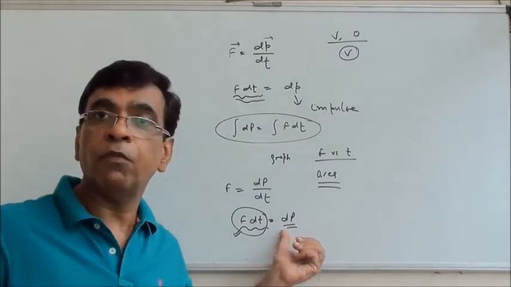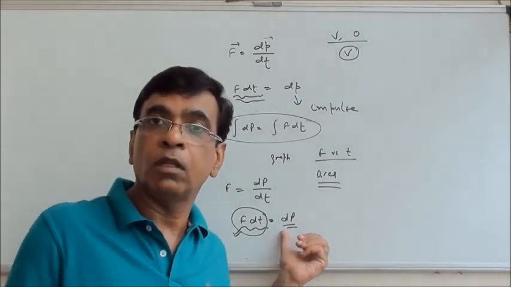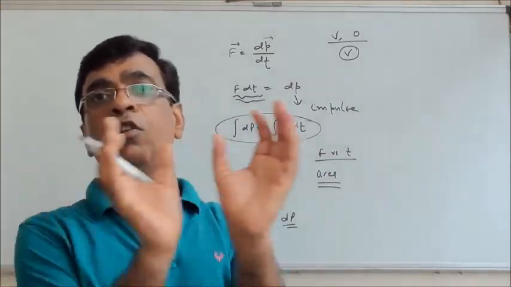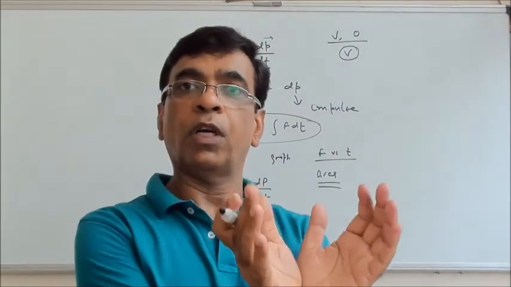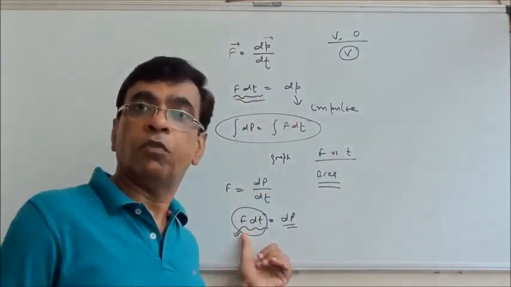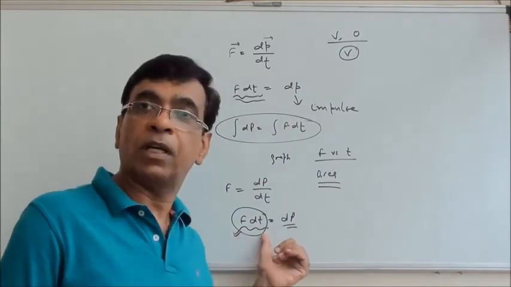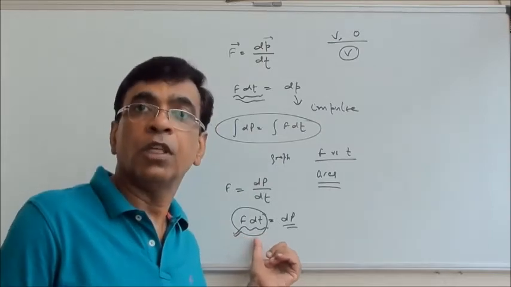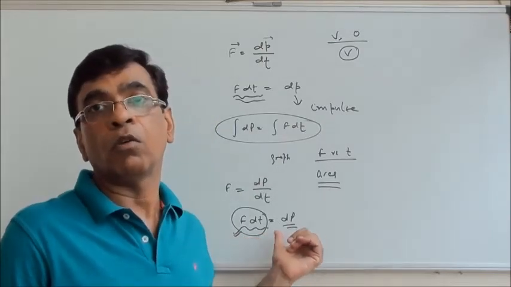If we have to stop a moving ball, the change in momentum is given: it has a certain mass and velocity. So that quantity delta p is fixed. You will need a large force if you stop it in a very short interval of time, but you need less force if you increase the time required to stop it.